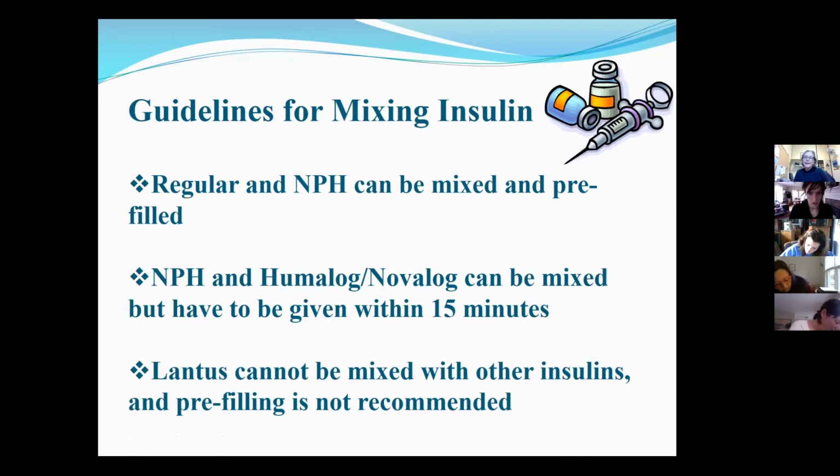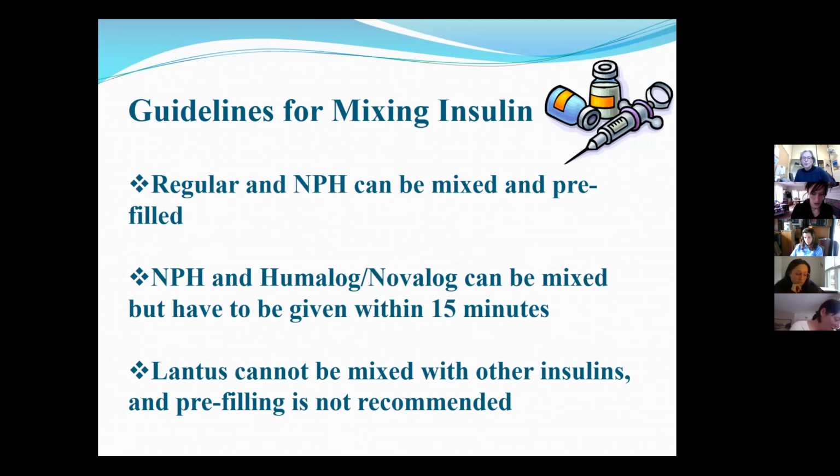We don't want it contaminated by our longer acting insulins, whereas the longer acting insulins don't suffer the same way by a slight contamination because they're basically made up of a combination of insulin.